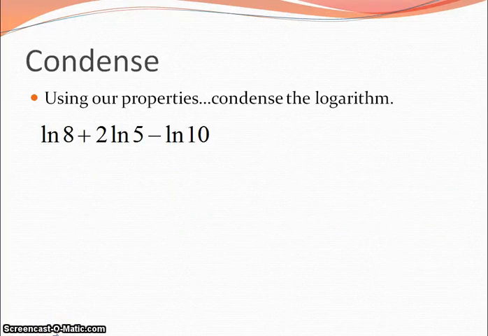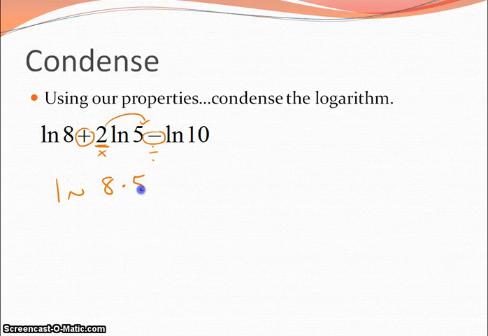And the reverse, condensing. So using our properties, condense the logarithm. And since I see I have all numbers, I should end up with just a single natural log of some number. So let's take a look. I've got a plus sign, a number in front, so I know that's going to go back as an exponent, and then I have a subtraction sign, so I know that is division. So I know I have natural log of 8 times 5 squared divided by 10.